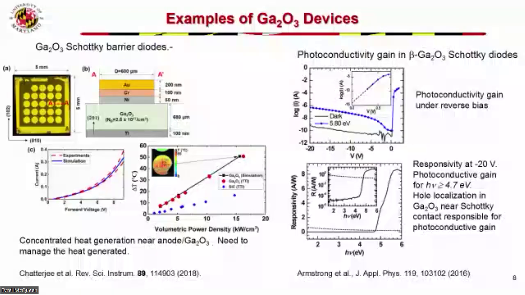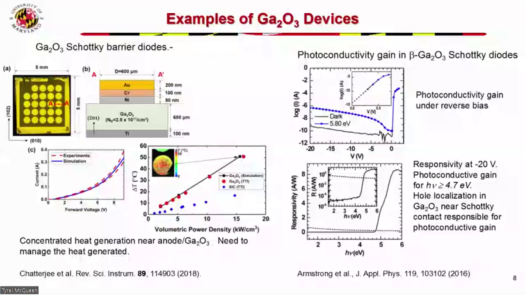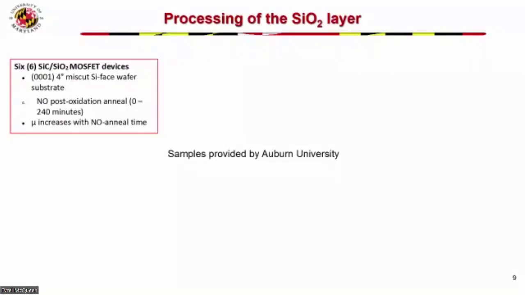But there are also still problems, for example, the temperature increases in the device, and that's definitely an issue. As the power increases, the temperature of the device increases. That's something that has to be dealt with. But there are more and more studies using gallium oxide as a wide bandgap semiconductor for devices.